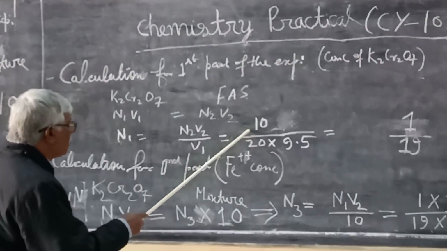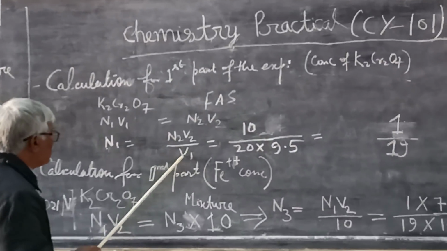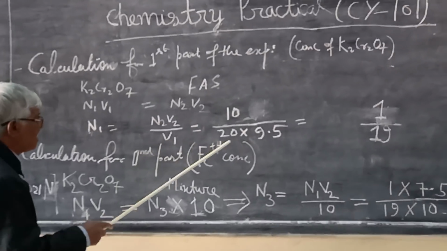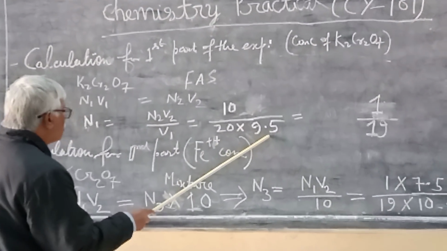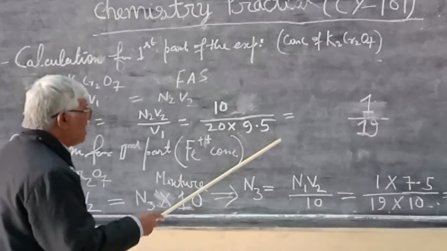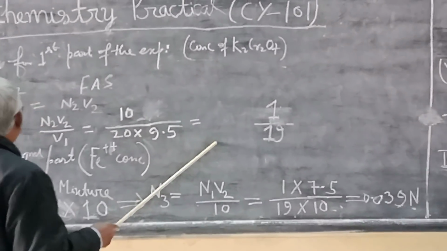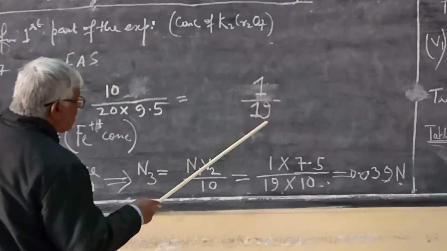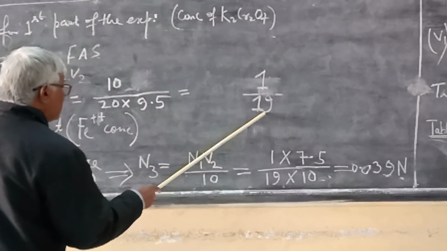V1 used in the first part of the experiment is 9.5. If you solve this, the exact concentration of K2Cr2O7 is coming 1 by 19.